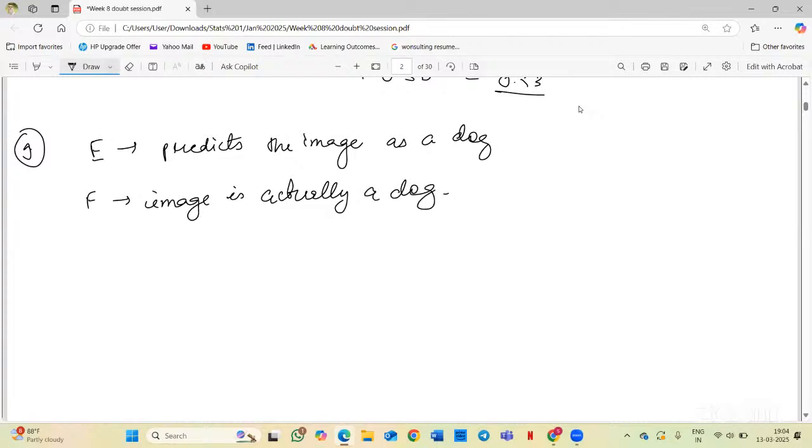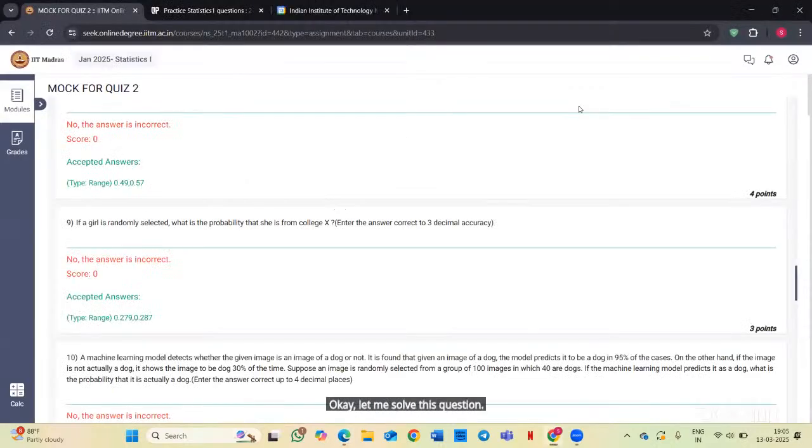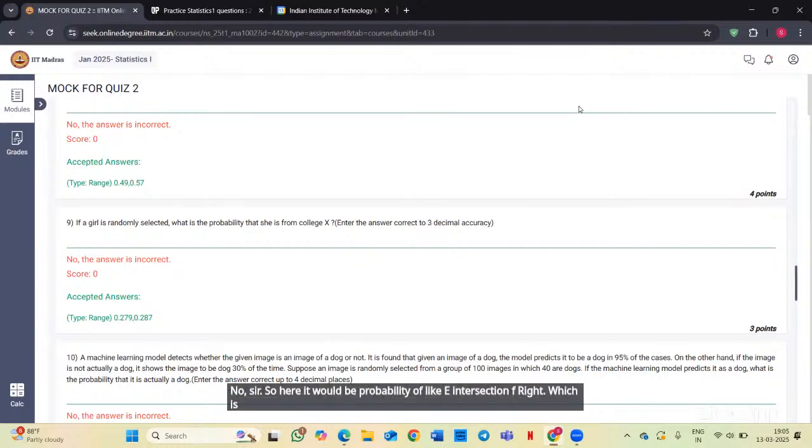Now tell me the value. So according to Himanshu, right? Yes, ma'am, but I think I have taken F as the probability that an image is not a dog. Okay. Let me solve this question. So here it would be the probability of E intersection F, which is 0.95.